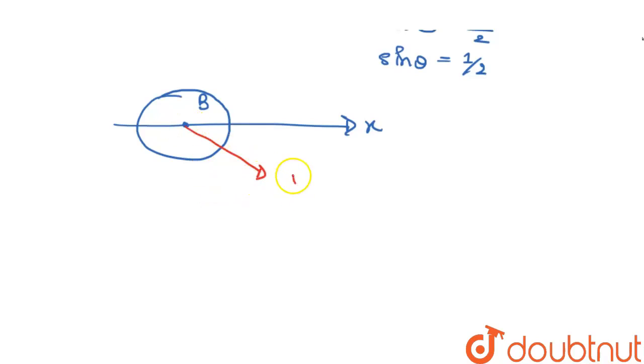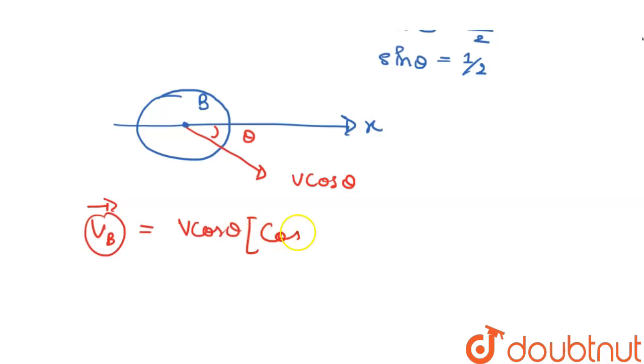This will be V cos theta as we just derived, and for the velocity of B, in vector terms, that will be V cos theta into (cos theta i cap minus sin theta j cap).